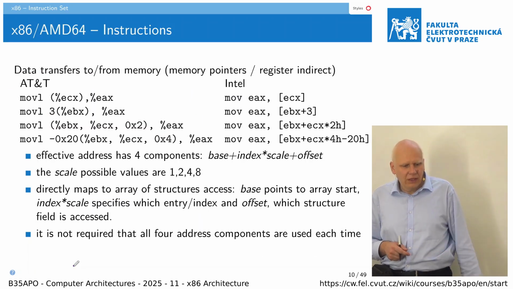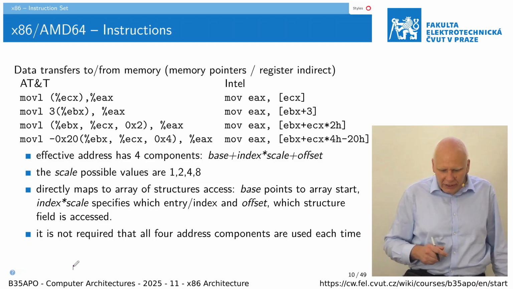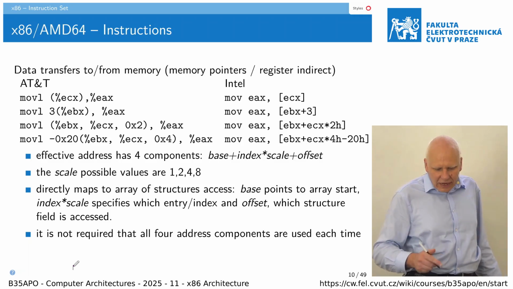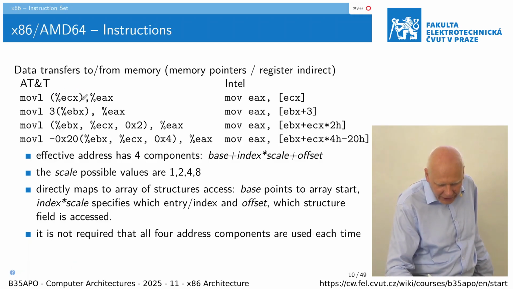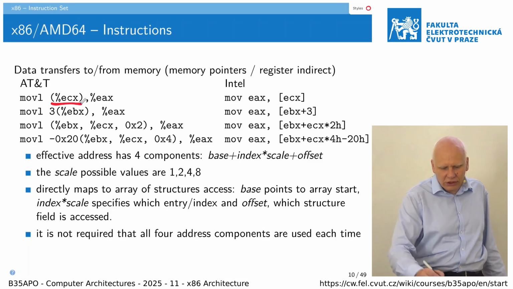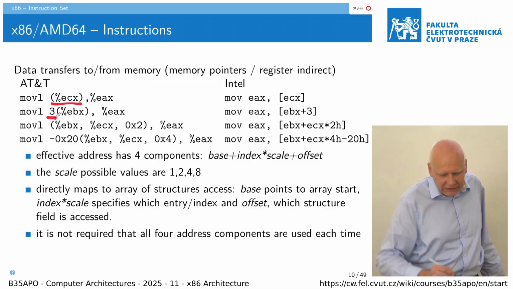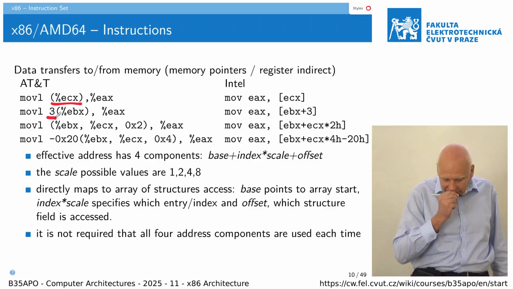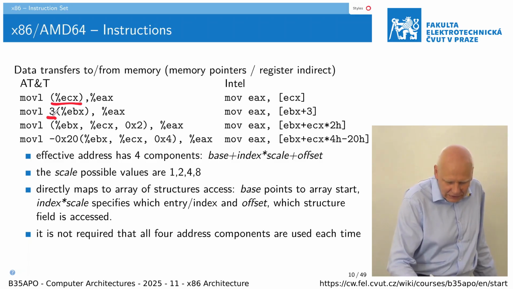If we look at access to the memory, then in the AT&T syntax the memory access is denoted by brackets. So this means that we access the location which is pointed to by the ECX register. This is the address pointed to by EBX plus 3.